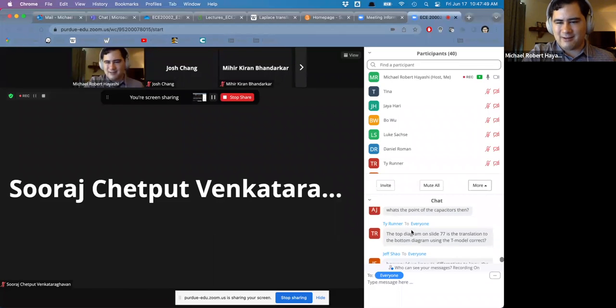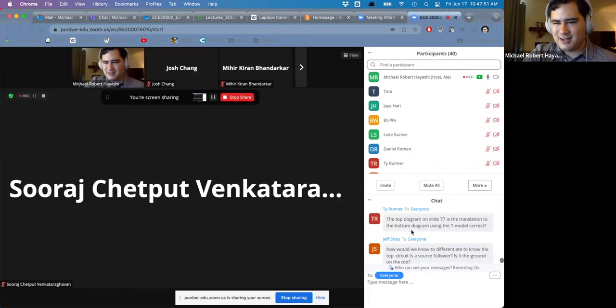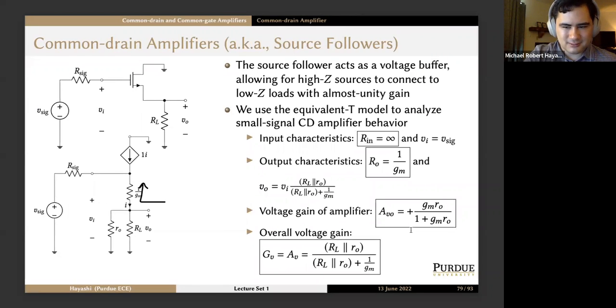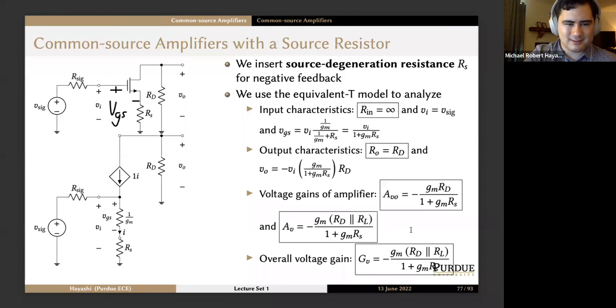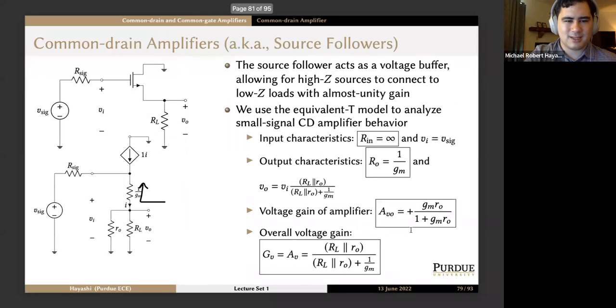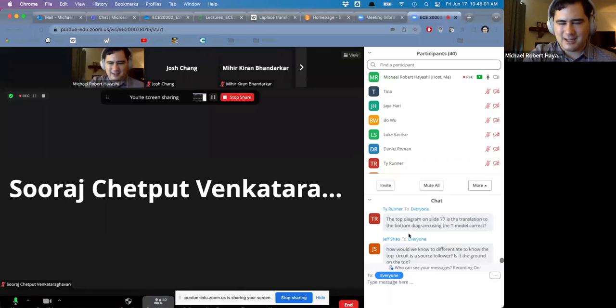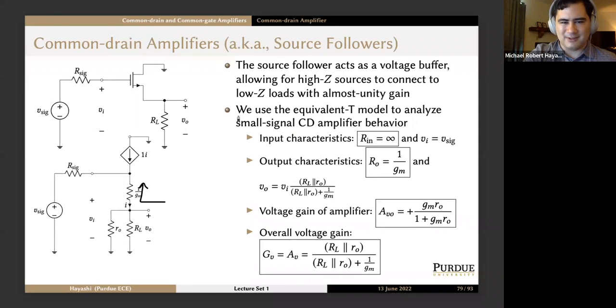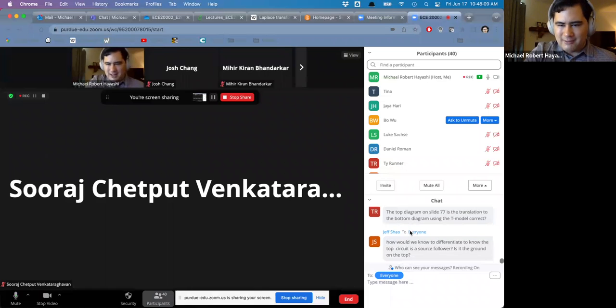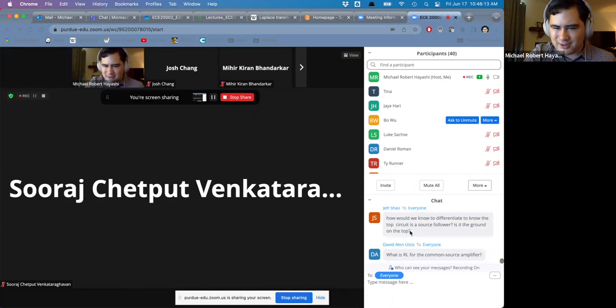The top diagram on slide 77 is the translation to the Bode diagram using the T model. Yes, it is. Same with slide 79. That's what this statement right here is saying, where we use the equivalent T model. How do we know the top circuit is a source follower?